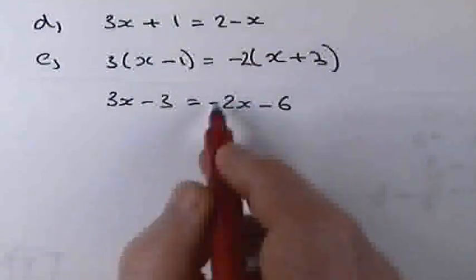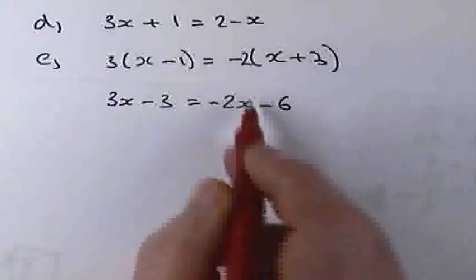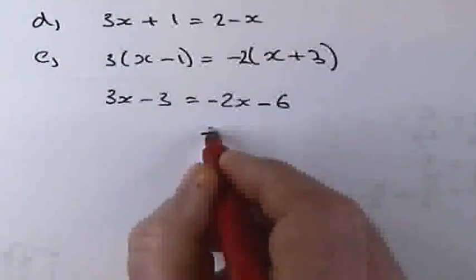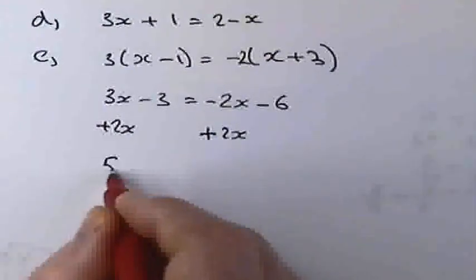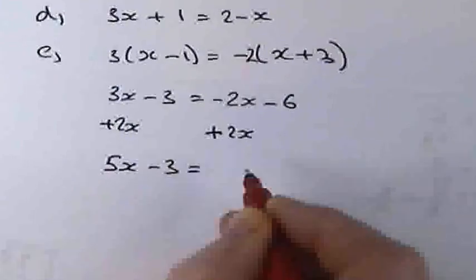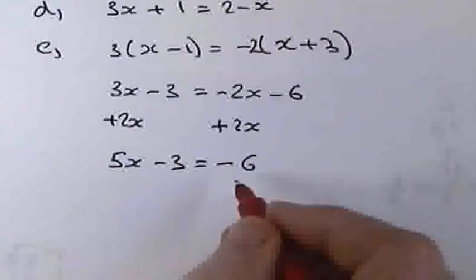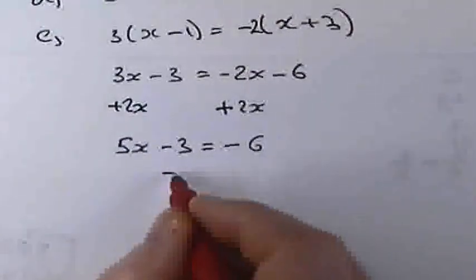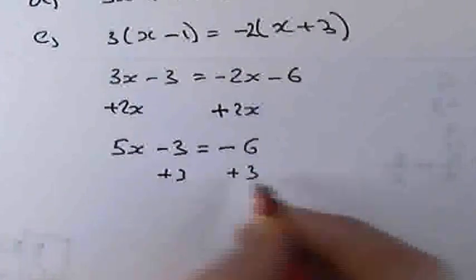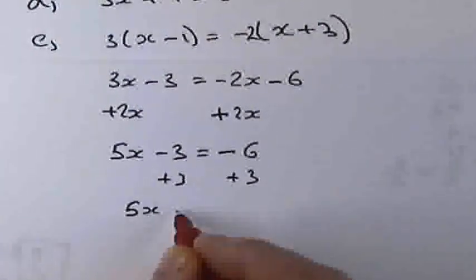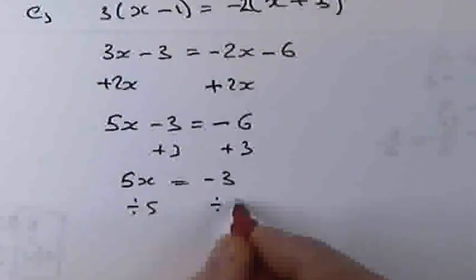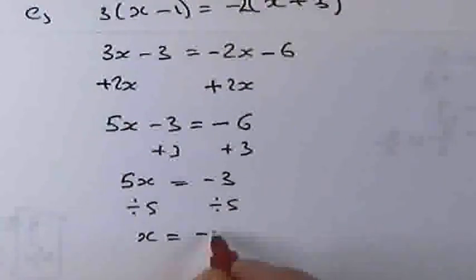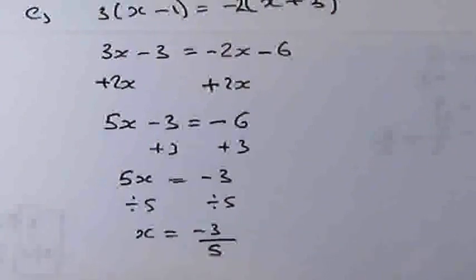Now the smallest number of x's is this negative 2 on this side, so we're going to add 2 x's to both sides, and we get 5x, take away 3 is equal to negative 6. We're going to add 3 to both sides now. We get 5x equals negative 3. Now we're going to divide by 5, and we get x equals negative 3 over 5.